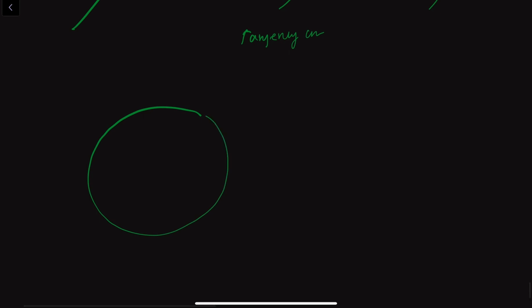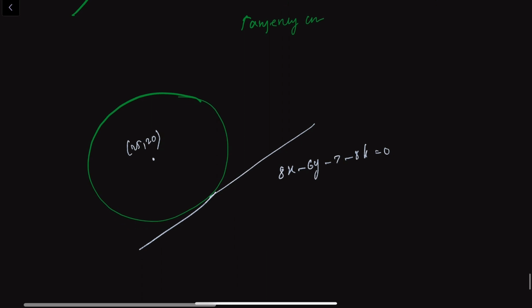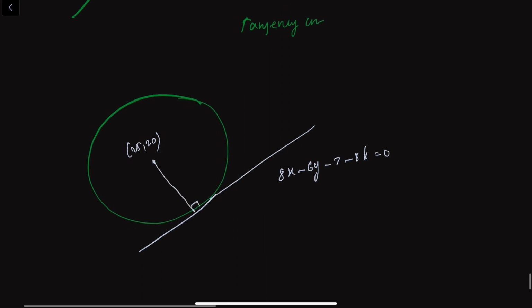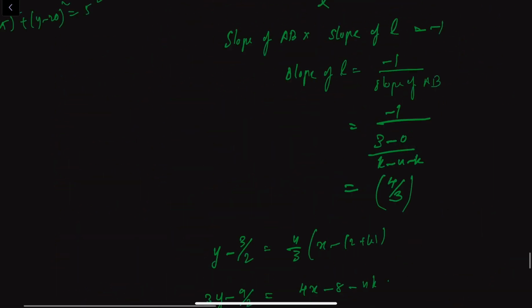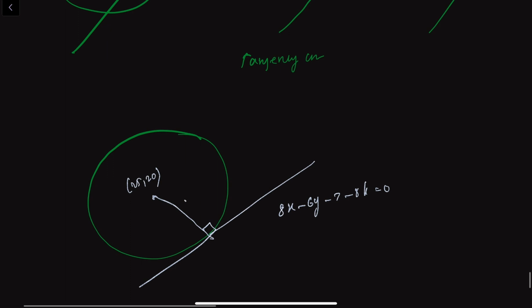We got our line equation as 8x - 6y - 7 - 8k = 0, the center as (25, 20), and the radius is 5.